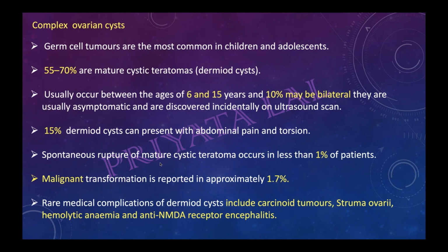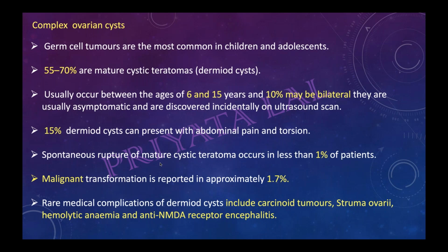Therefore 15% of dermoid cysts present with abdominal pain and torsion. Spontaneous rupture can occur in less than 1% of cases. Malignant transformation, if it occurs, can occur in 1% or 1.7%. There are so many percentages, but questions can come from all of them.